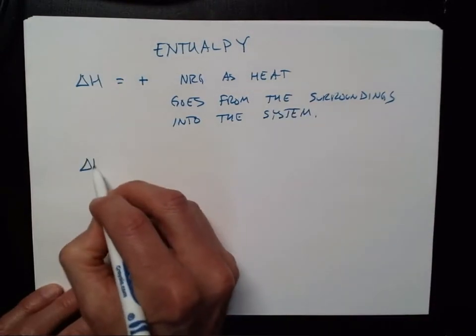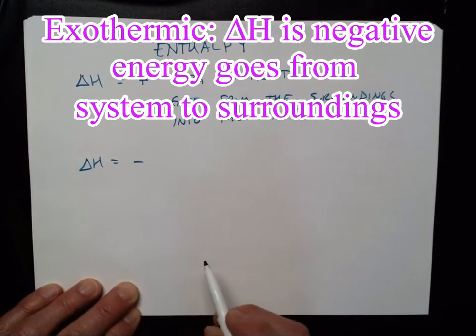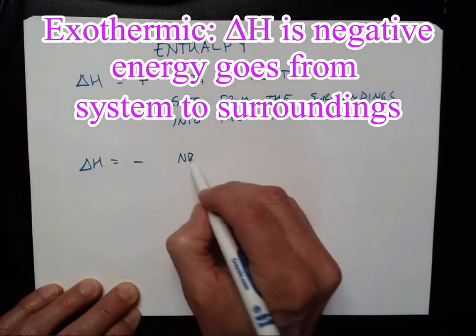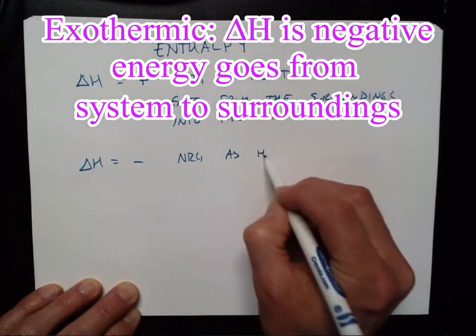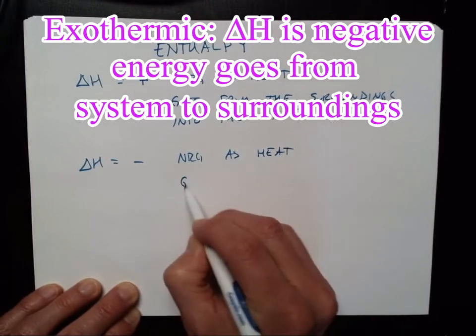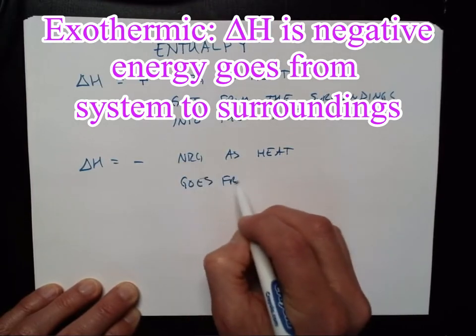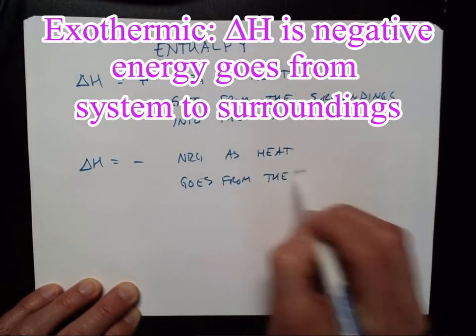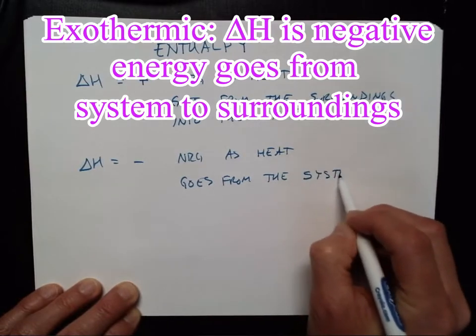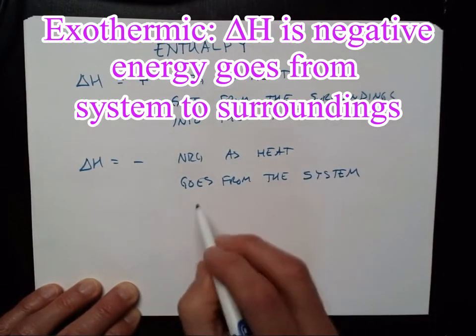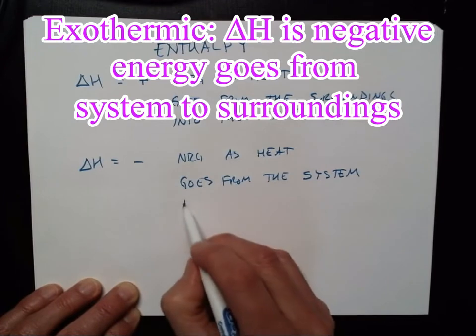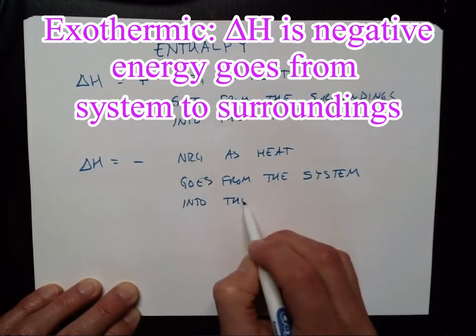And if delta H is negative, that's the opposite. That means energy as heat goes from the system. It exits the system. So it goes from the system into the surroundings.